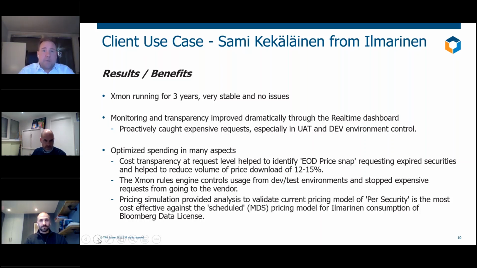We have been able to optimize our spendings with the help of the Xmon team. The first thing that we tackled was the end of day price request, which I believe at that time was for roughly 20,000 instruments, and we were able to pinpoint that some 15% of those were already expired or unlisted instruments.